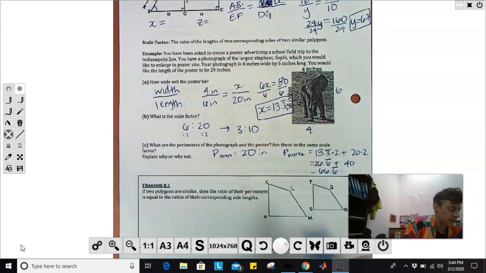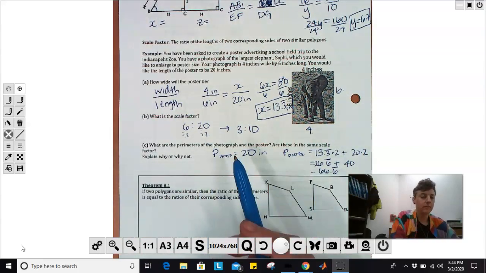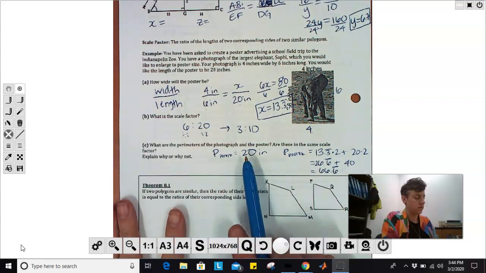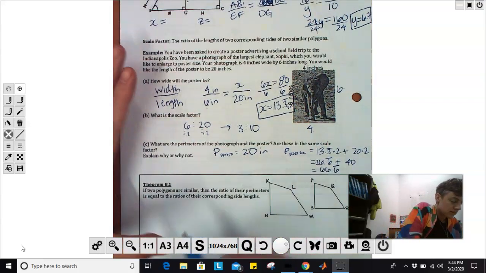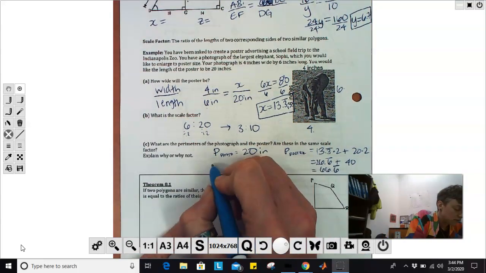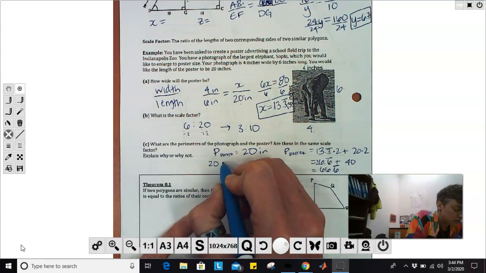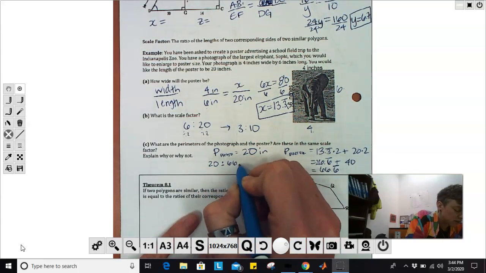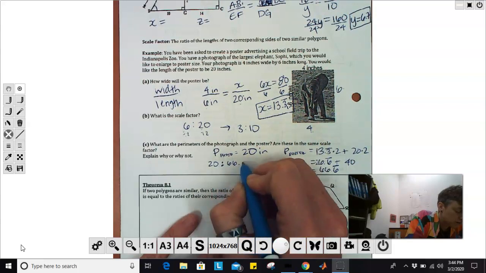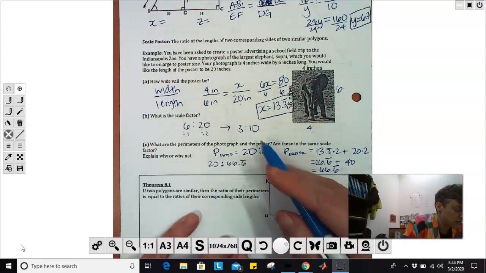So let's find the scale factor. Again, photo to poster. Let's see here. 20 to 66 2/3. Is that the same as 3/10?